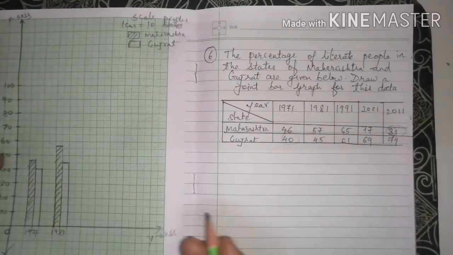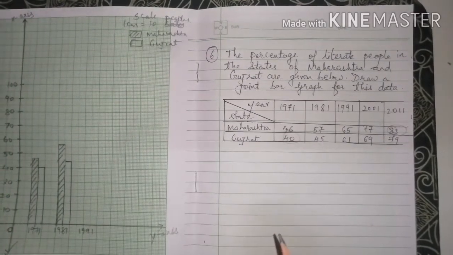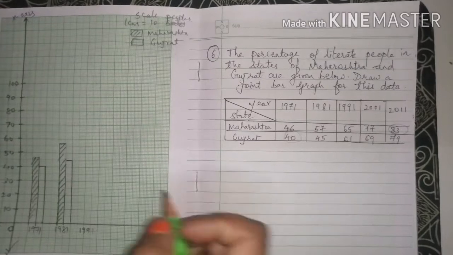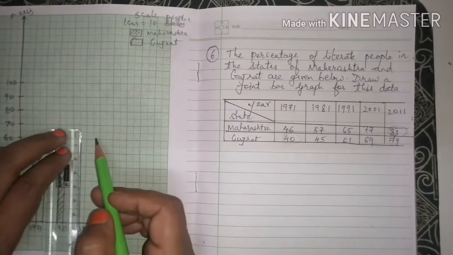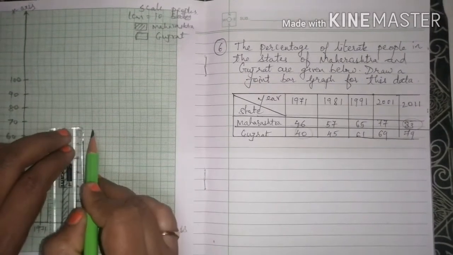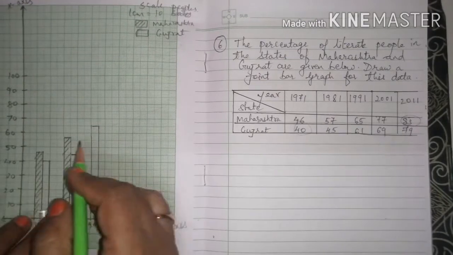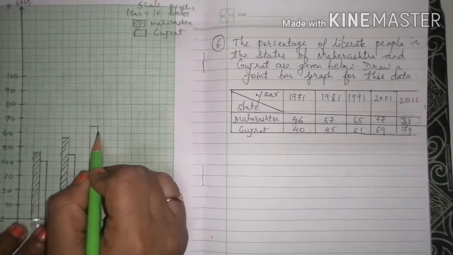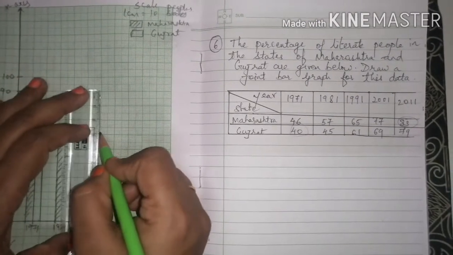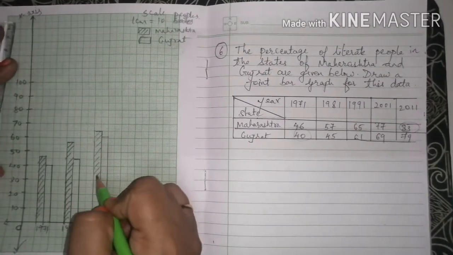This is Gujarat state. Now 1991, 65 in Maharashtra. So above 65 lines. Now 61 in Gujarat, above 61 line. So this one is 61. This one is Maharashtra, so shade it.